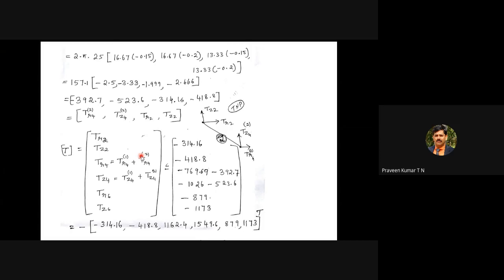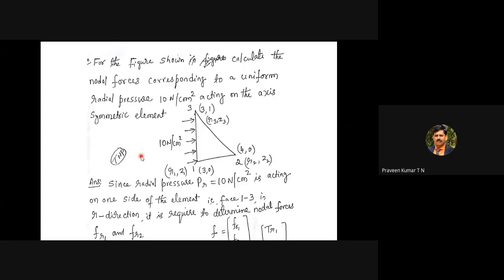But there are one or two problems where the loading is not inclined. It may be only horizontal or only vertical, only in the Z direction or only in the radial direction. In such cases, the problems become simple. If you see the problem statement, for the figure shown, calculate the nodal forces corresponding to a uniform radial pressure.